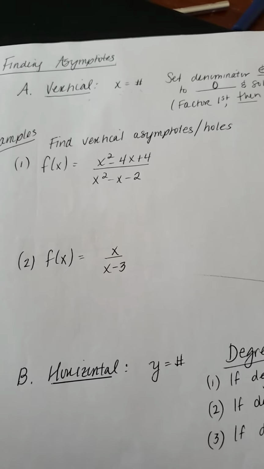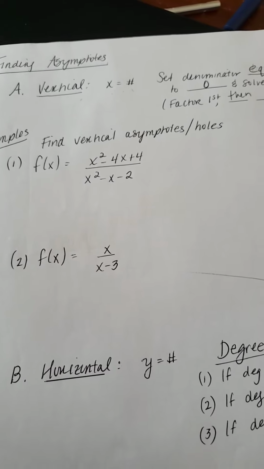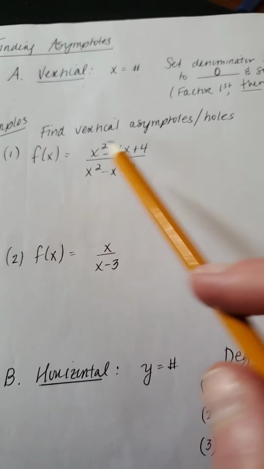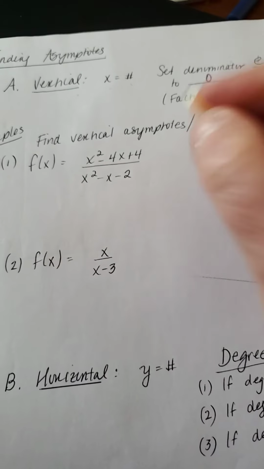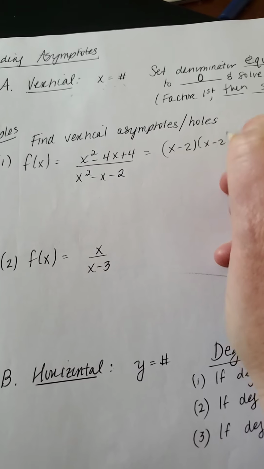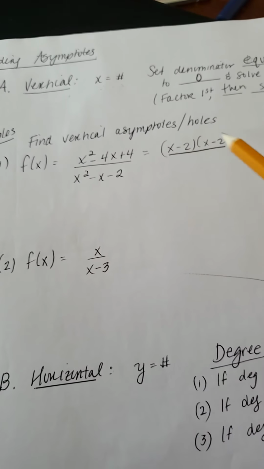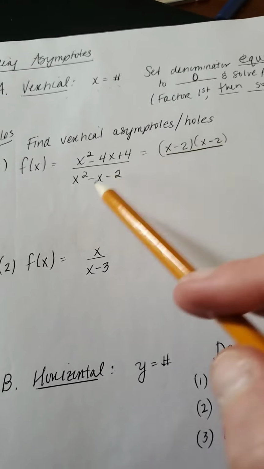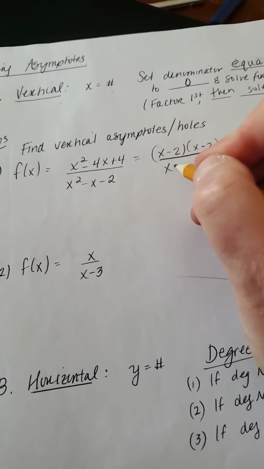So if I ask you to find the vertical asymptotes and holes of these, we have f of x equals this over that. I'm going to look to factor. It's a double root if we were to solve that, but I'm just going to write it out twice. And this one factors in 2.